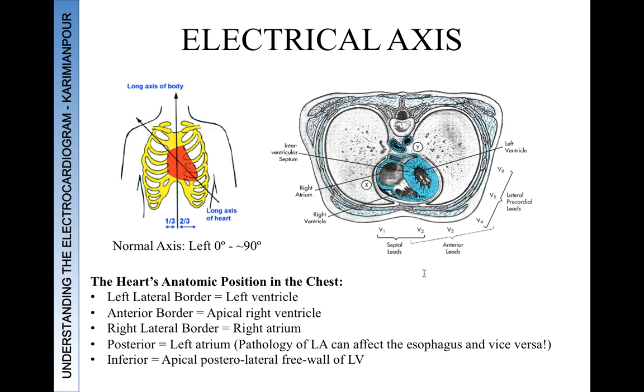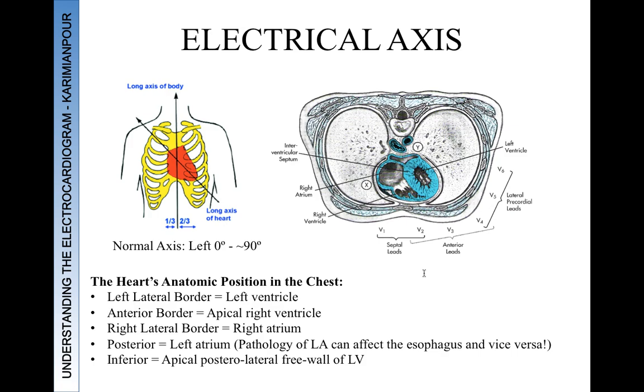Or for example, the patient presents with dysphagia, all the workup, including EGD, everything else is normal, and you get an echo and there's a mass. What chamber is it in? It's the left atrium. It's a left atrial tumor that's compressing on the esophagus, so on and so forth.